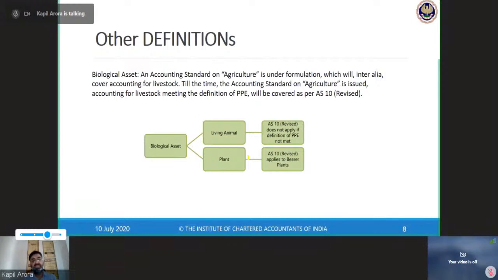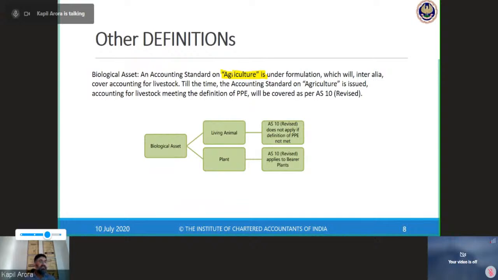So coming back here, biological asset. As we mentioned, the agricultural standard is in development. ASB is developing the agricultural standard, which will cover accounting for livestock and other areas.